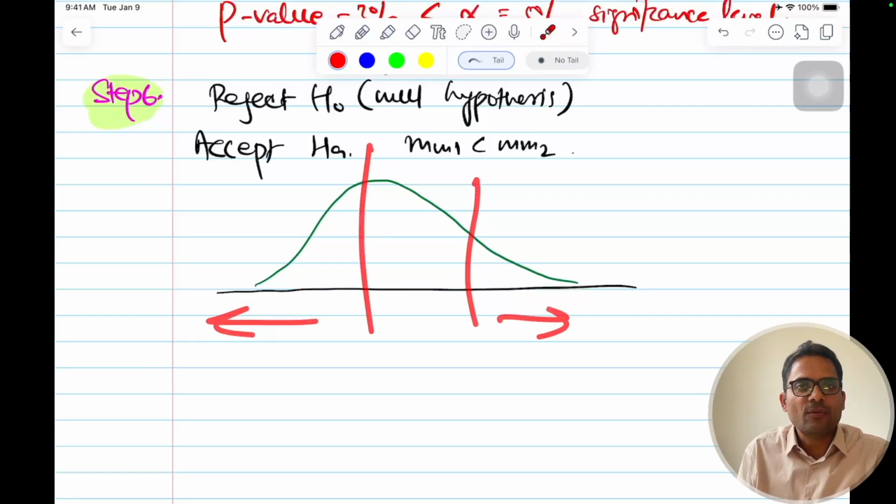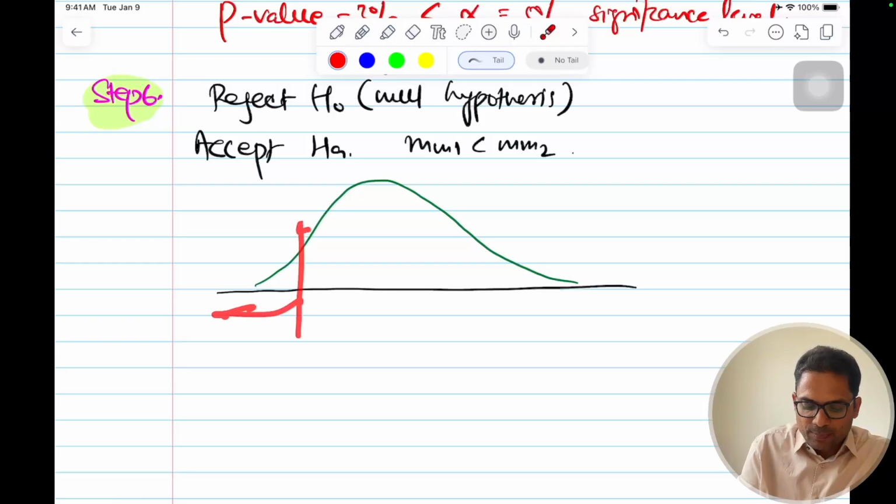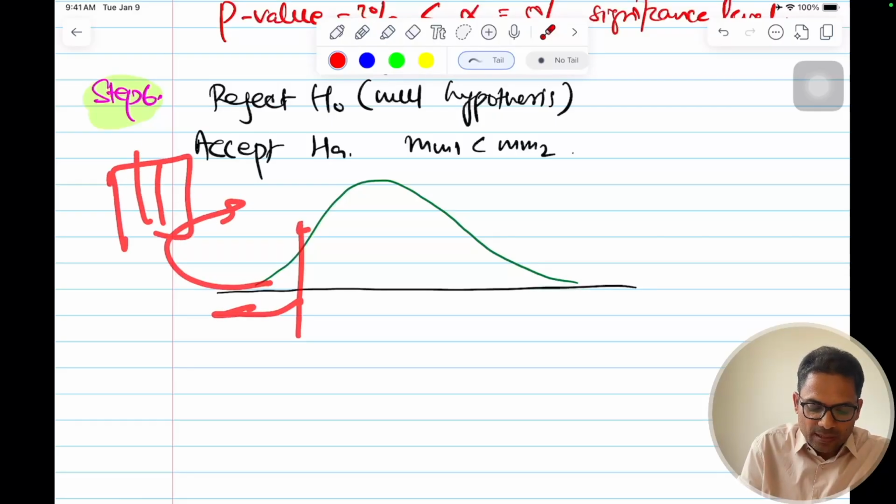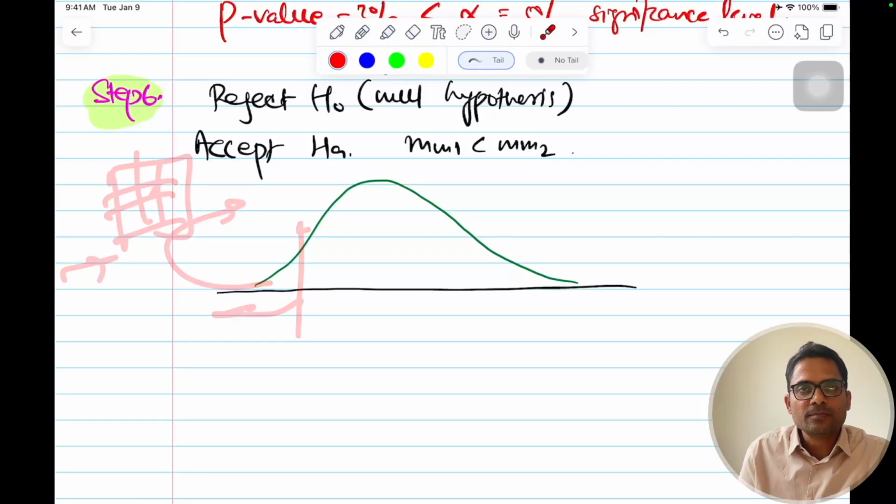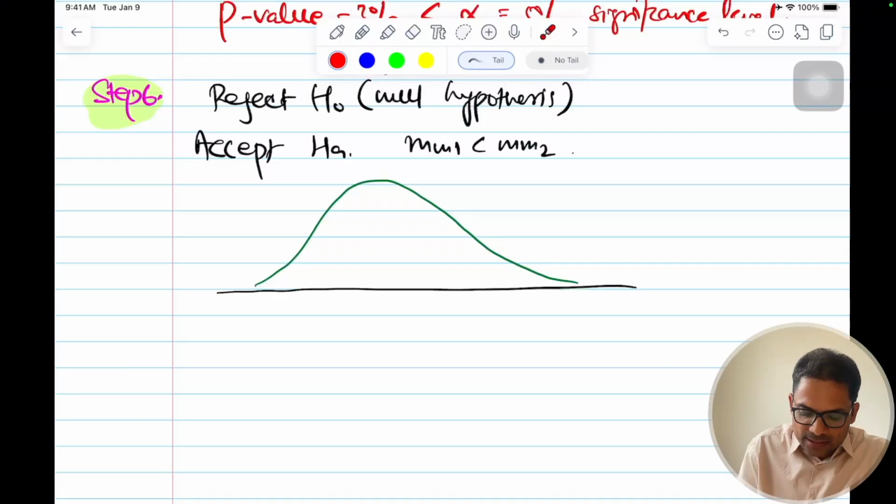In which case, which side of the tail I'm looking at, depending upon that, we'll look at the table which will give me the values. So we should know what we are doing. Whether it's a one-sided test, two-sided test, left tail test, or right tail test, this will come from our alternate hypothesis. Let's understand how.